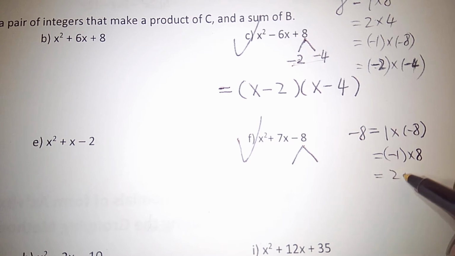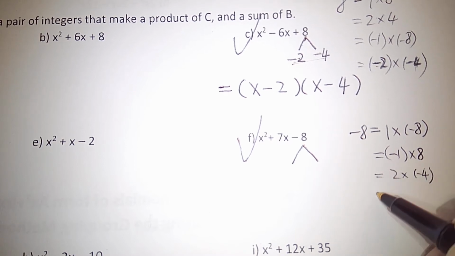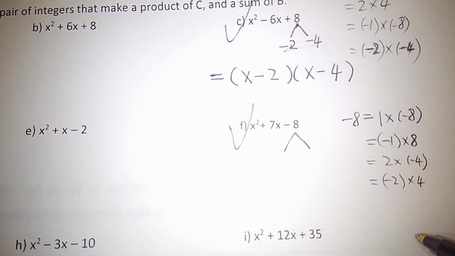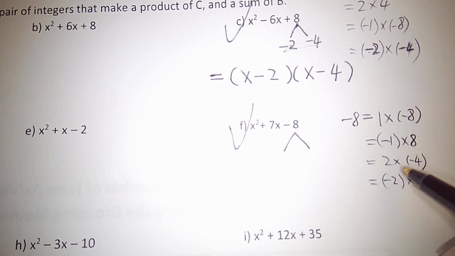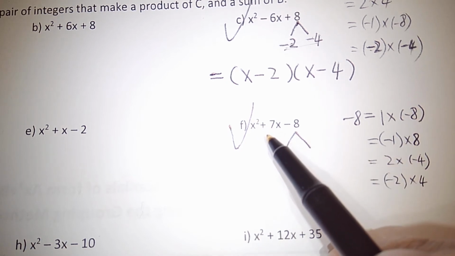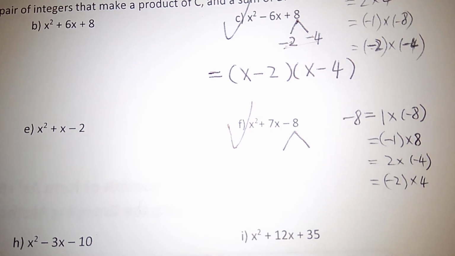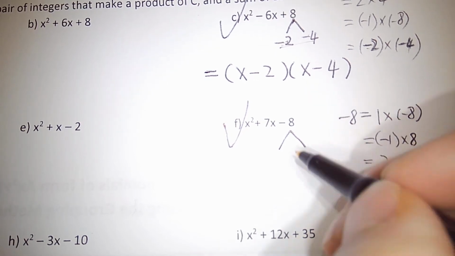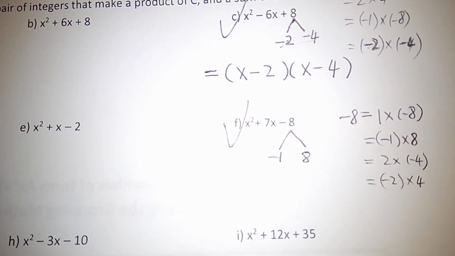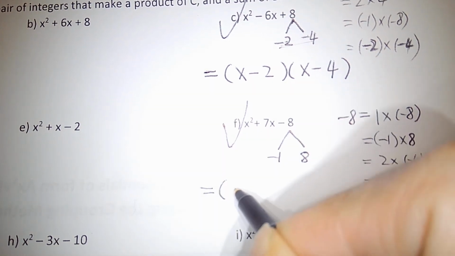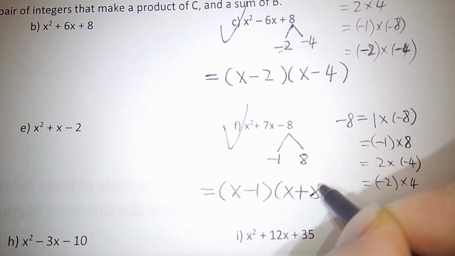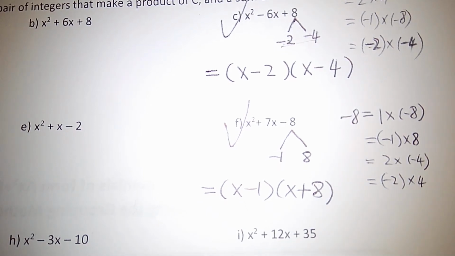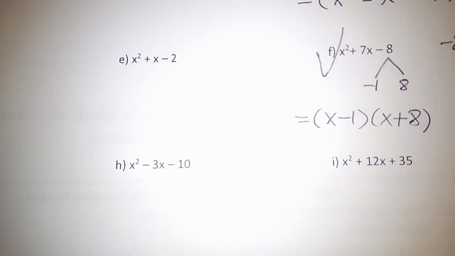What else? 2 times negative 4 or negative 2 times positive 4, right? Which pair satisfies the sum equals positive 7? Negative 1 and 8, right? So we can rewrite that as x minus 1 times x plus 8. You guys know what's good? Okay, so let's try more.